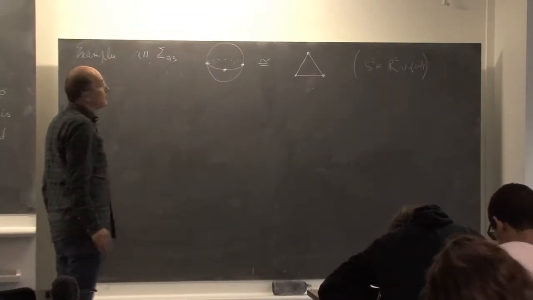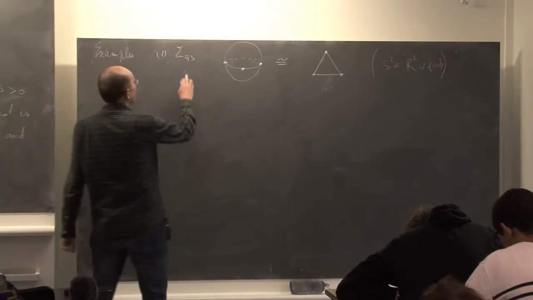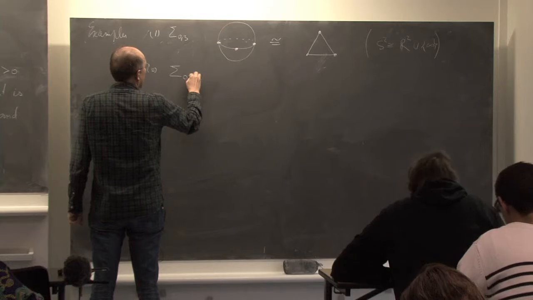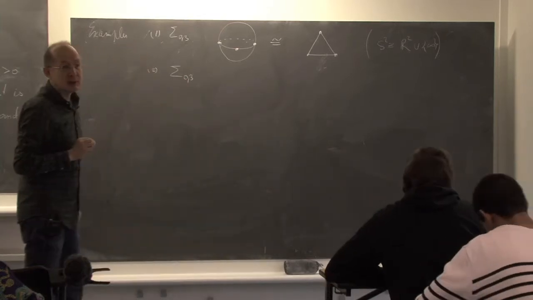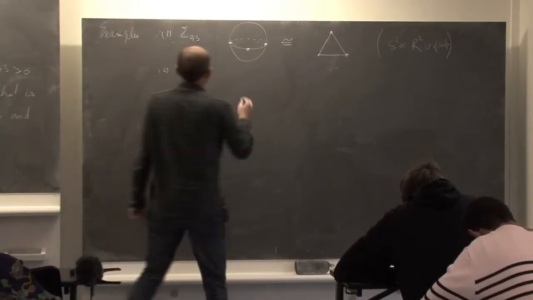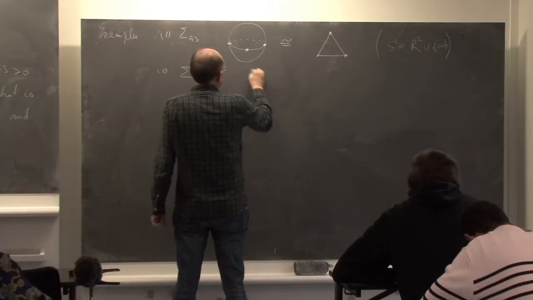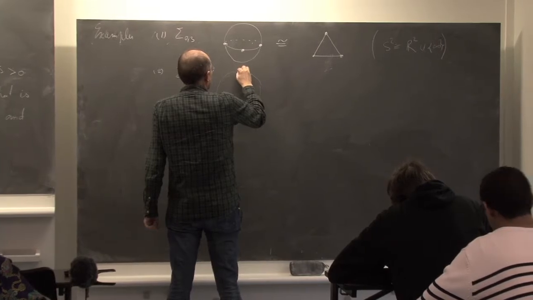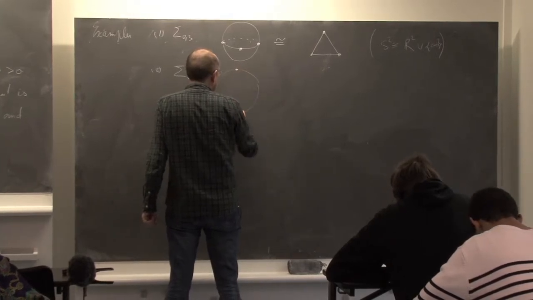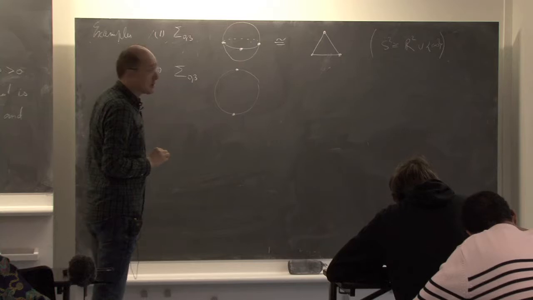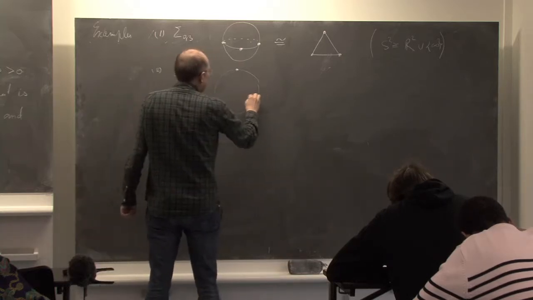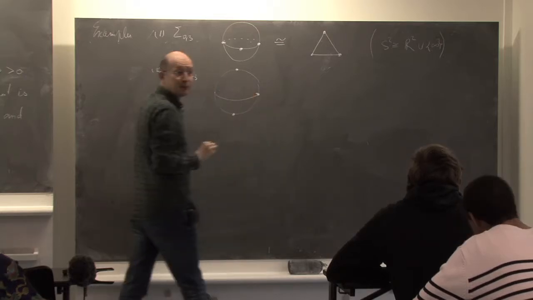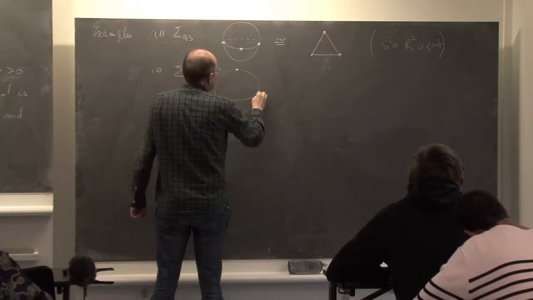But of course, this is not the only possibility for that type. We keep the same type, but we can imagine another triangulation, which is a round sphere. But this time I put punctures on the north and south poles, and then I draw again the equator and put just one puncture on the equator.